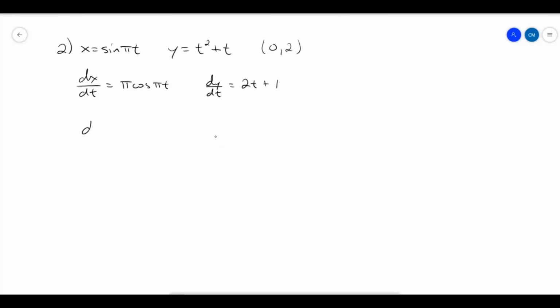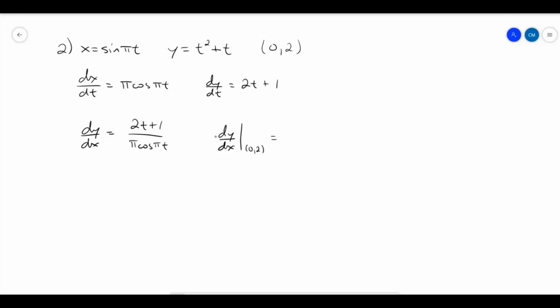So according to our formula, the derivative here, dy/dx, is equal to dy/dt, 2t plus 1, over pi cosine pi t. Okay, so we want to find this quantity at that point, (0, 2).